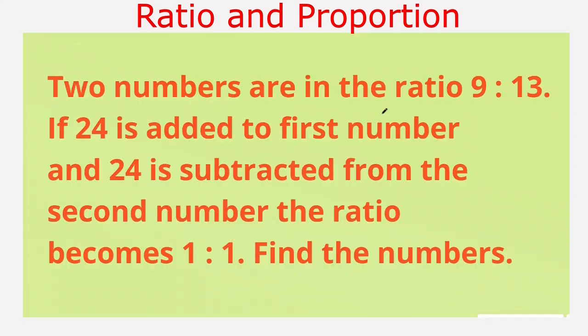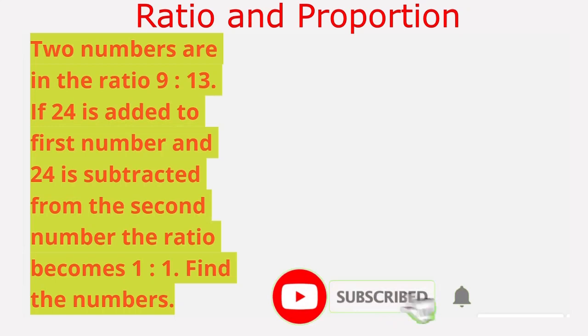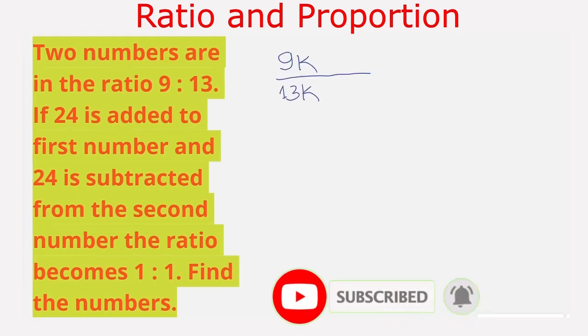Two numbers are in the ratio 9:13. If 24 is added to first number and 24 is subtracted from the second number, the ratio becomes 1:1. Find the numbers. The given numbers are in the ratio 9:13.